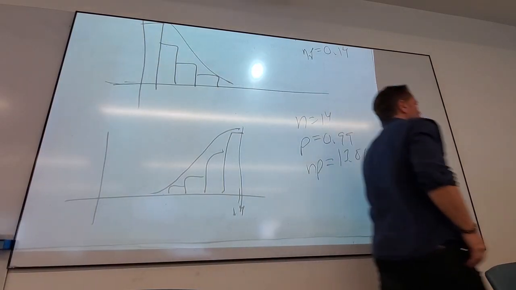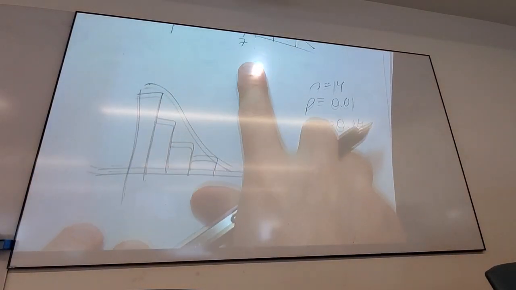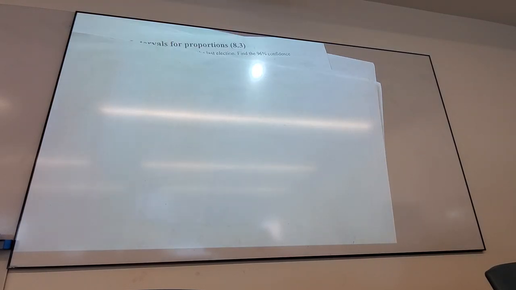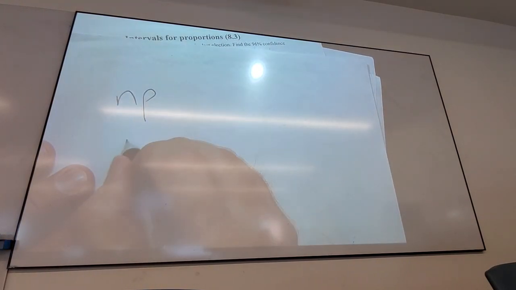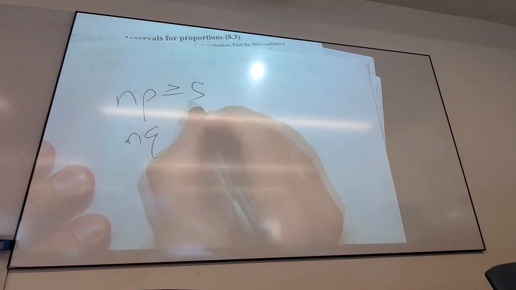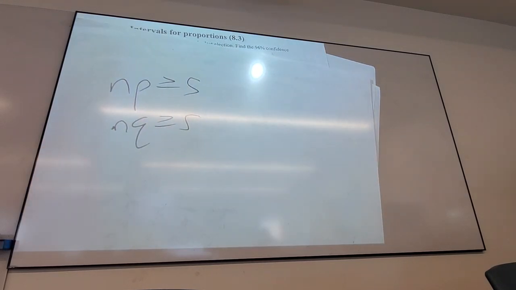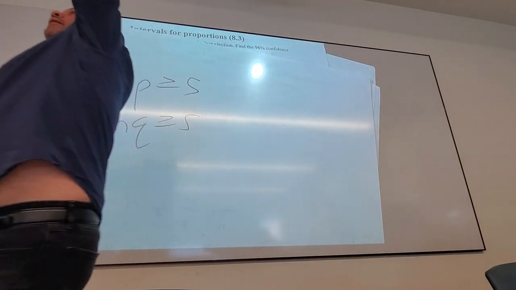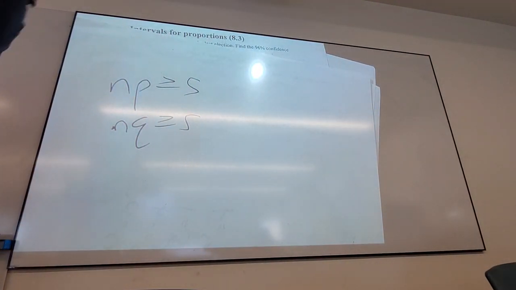We have determined that in order for a binomial to be roughly normal, or normal enough, we need NP and NQ to be at least 5. At least. If they are at least 5, I've got room from 0 to go up. The NQ is kind of like the other wall. I've got room to go up and room to come down. If either one of those is not true, it's not normal enough.